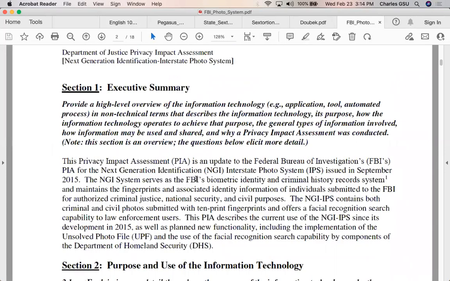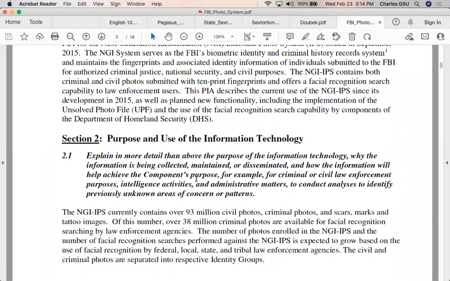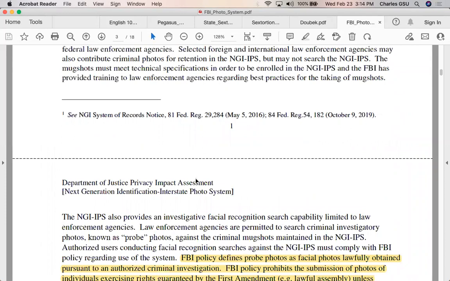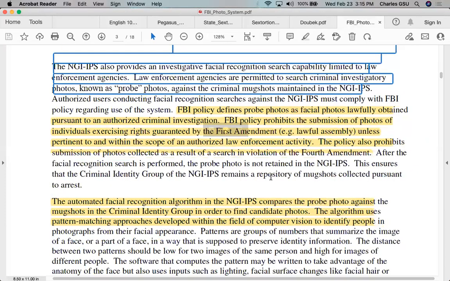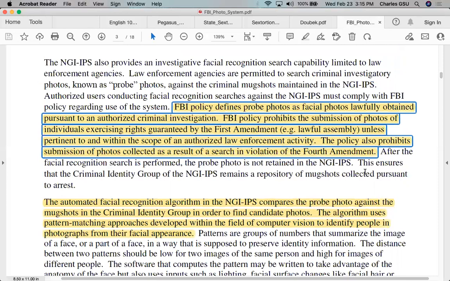This is only a few years ago. And just scroll down here a bit. In this document, it says, remember, the FBI, the chief law enforcement agency of the Department of Justice that we as taxpayers pay for.